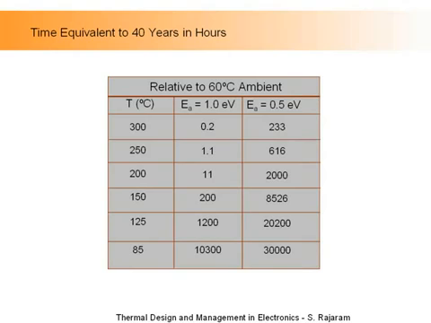Instead, suppose I operate this product at, I'm just going to say 125 degrees C ambient. What this table is telling me is that if my activation energy is 1 electron volt, 1200 hours of operation at 125 degrees C is equivalent to 40 years of operation at 60 degrees C.